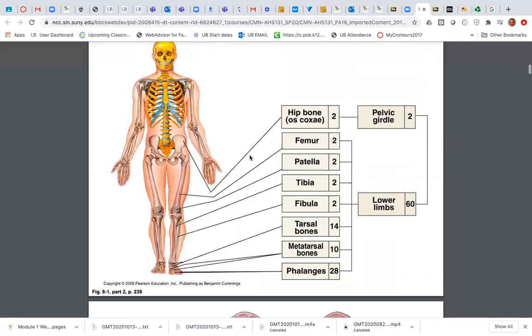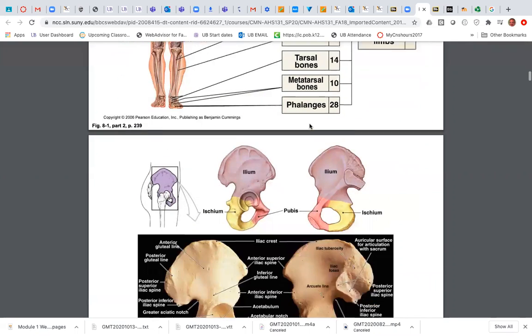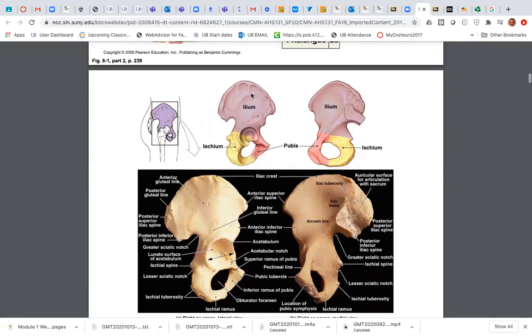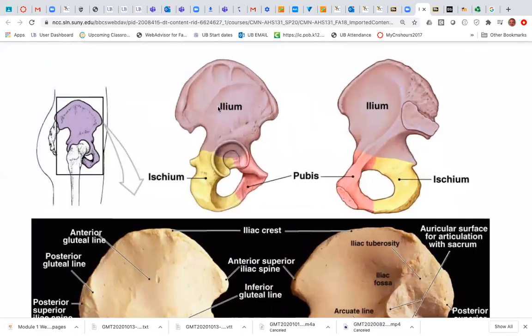So sometimes the hip bone is referred to as coxa, and the hip bone itself, or the pelvic bone, is made up of these three primary bones. It's made up of the ilium, which is the largest. Then we have the ischium, and then we have the pubic bone, or pubis.